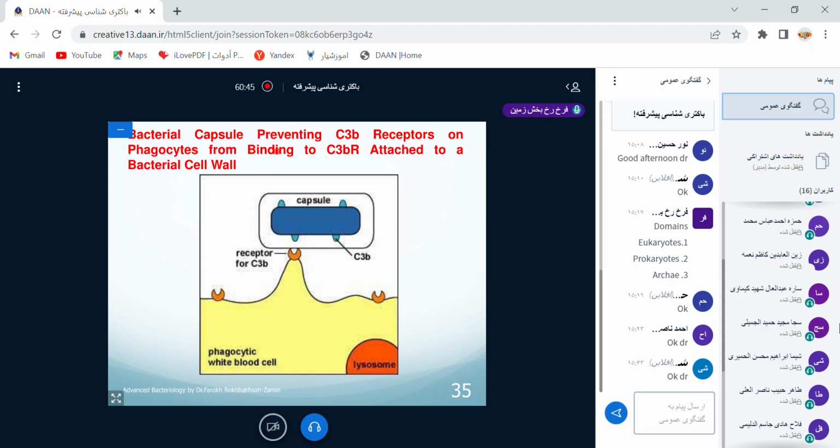The bacterial capsule prevents C3b receptors on phagocytes from binding to C3b attached to a bacterial cell wall. So you can see the phagocytic white blood cells cannot find the surface antigens of bacteria, because they are covered by the capsule.